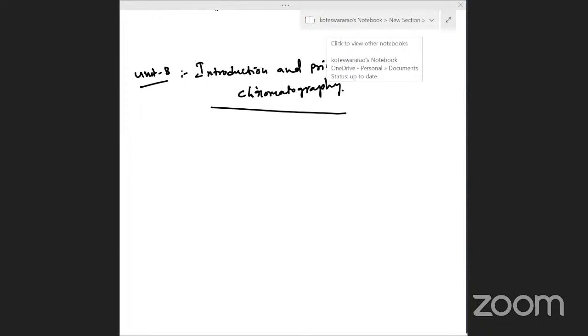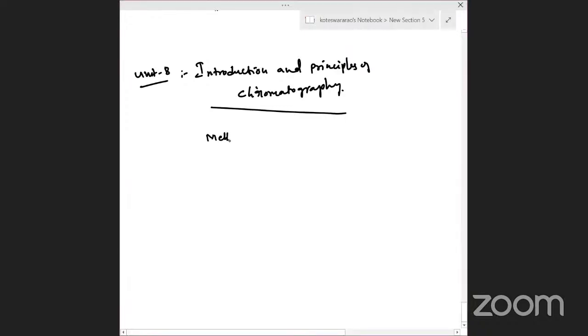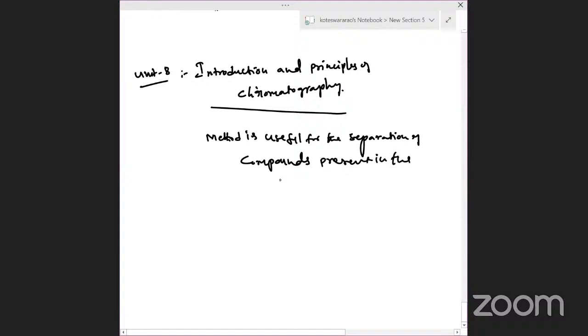This method is useful for the separation of compounds present in the given sample mixture. It can be done either by chemical method or physical method.